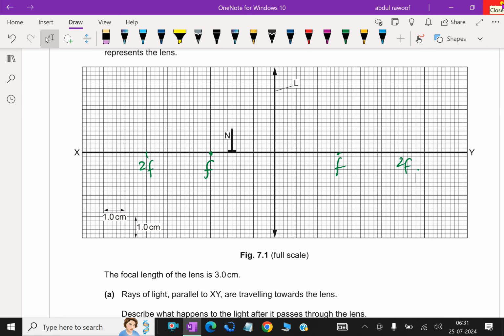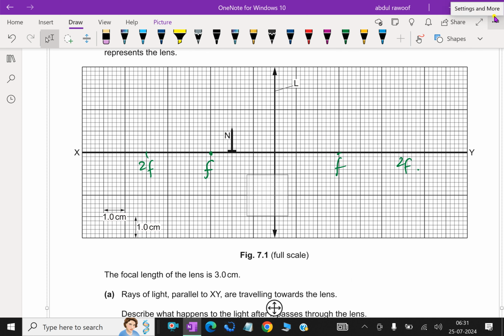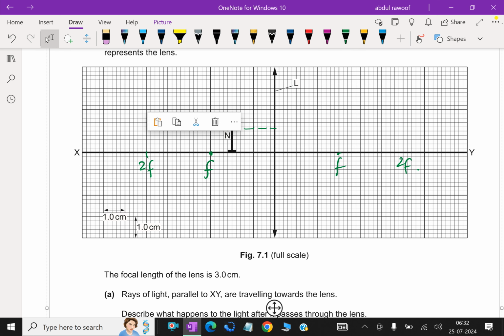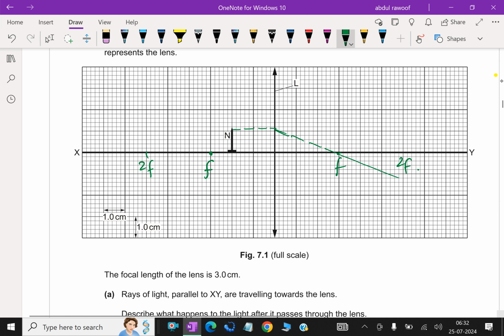Any ray passes through F. And one more ray always passes through the center of the lens to this point.